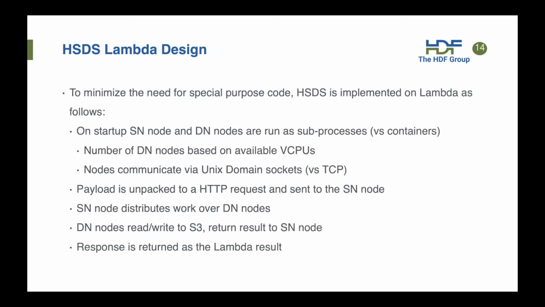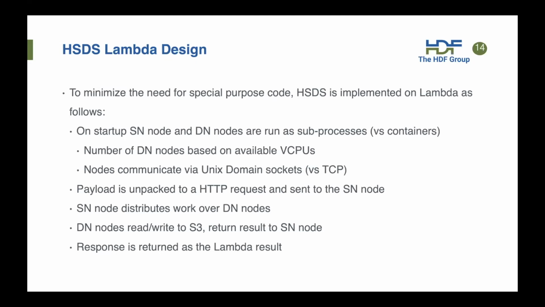So the approach we took here is to enable these nodes, instead of running on containers, to run as sub-processes of the Lambda function code. On startup, we create a number of sub-processes equal to the number of vCPUs for the DN nodes.